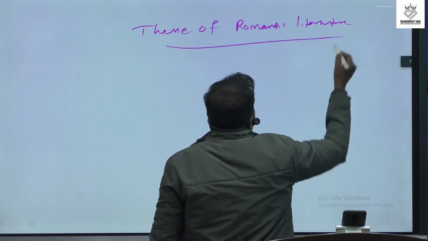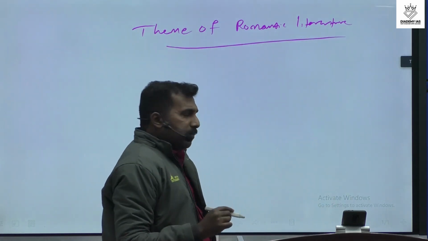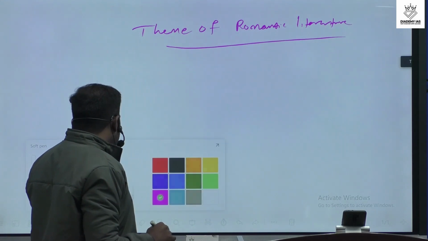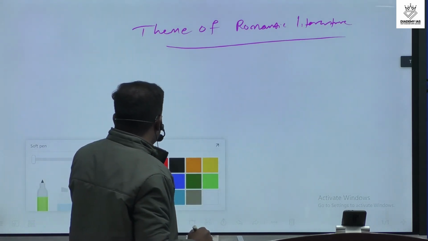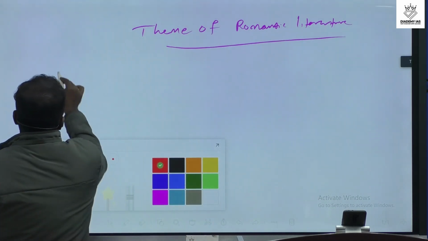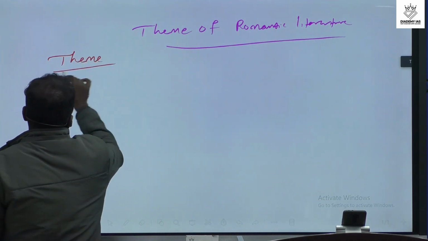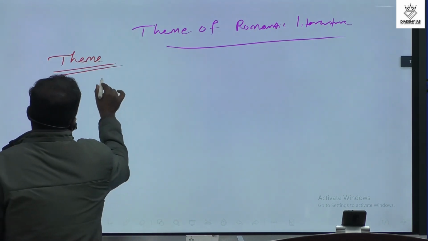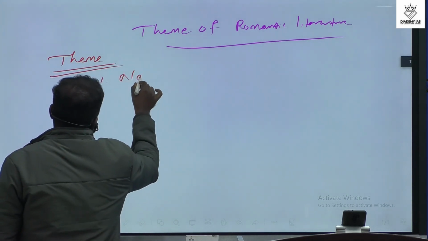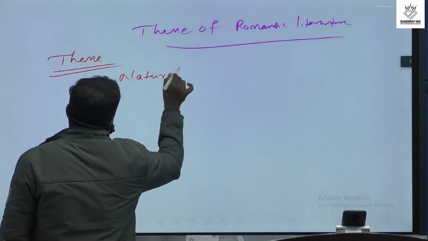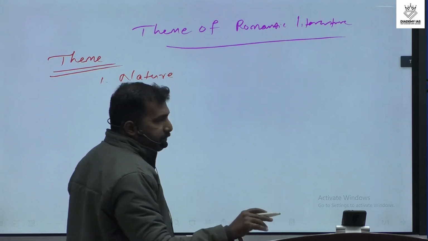Mainly, the important themes of Romantic literature: we already said the first one is nature. Nature was the important theme during this time.